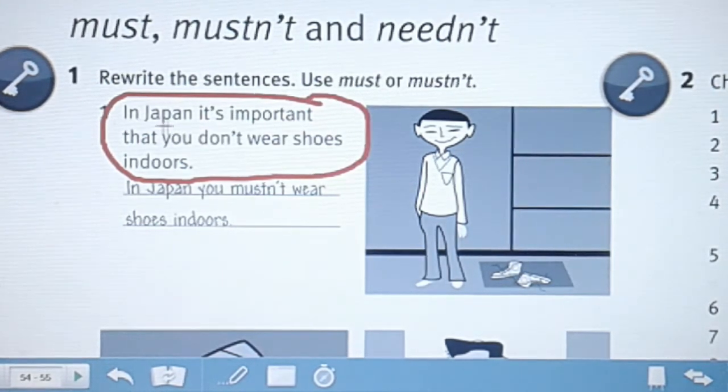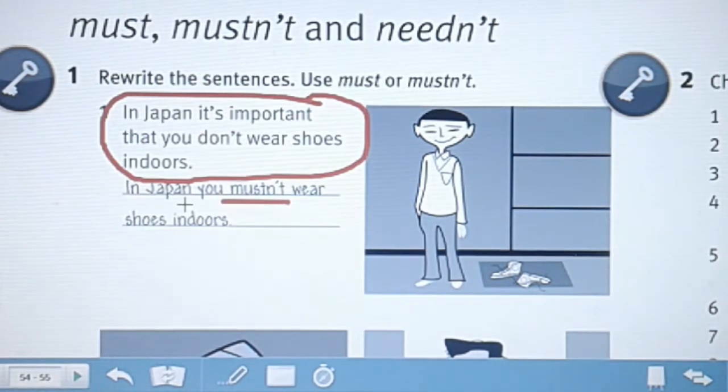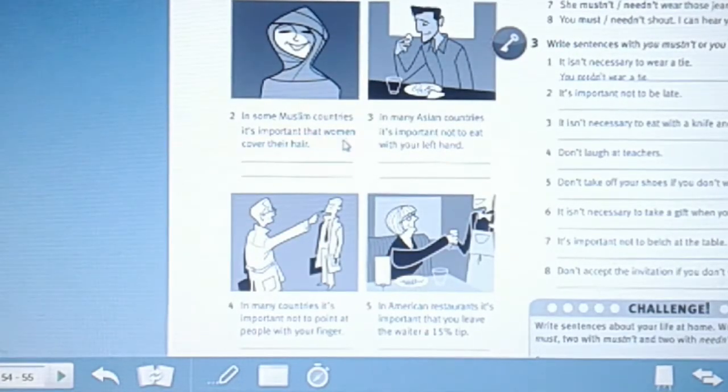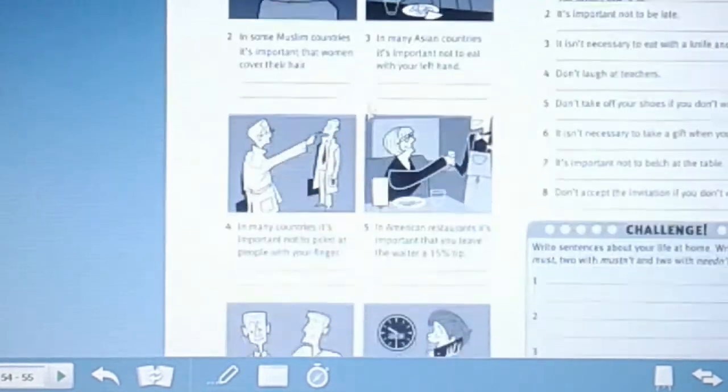That's why you need to rewrite this sentence with mustn't. So this sentence turns into, in Japan, you mustn't wear shoes indoors. So now it's your turn to rewrite these sentences.